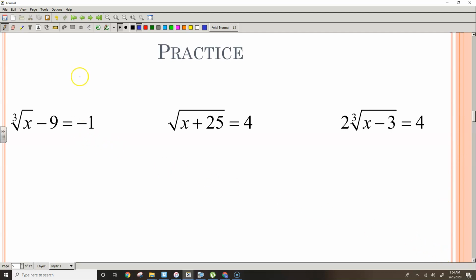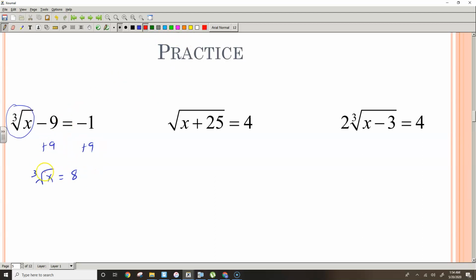All right, so if we go through these, I'll go through them one by one. So this one on the left, we have a cube root of x, and then minus 9 equals negative 10. So the cube root of x, we want to isolate that by itself. So I'm first going to add 9 to both sides and get the cube root of x by itself equals 8.